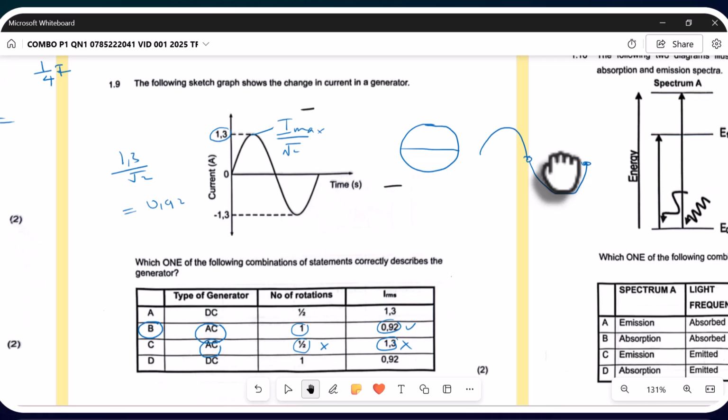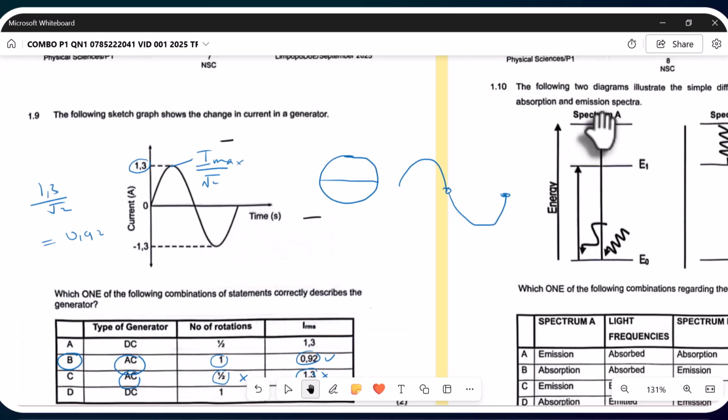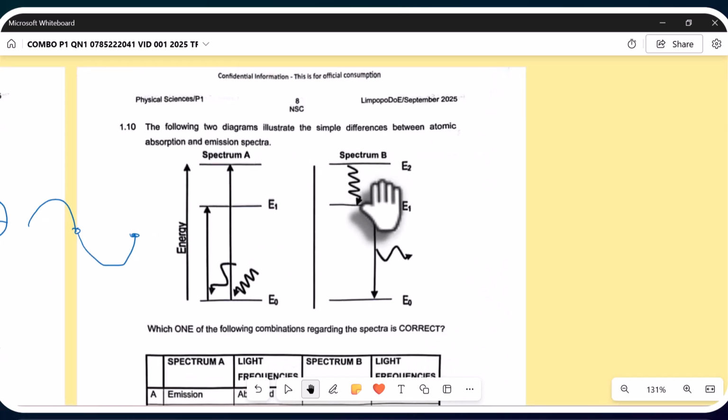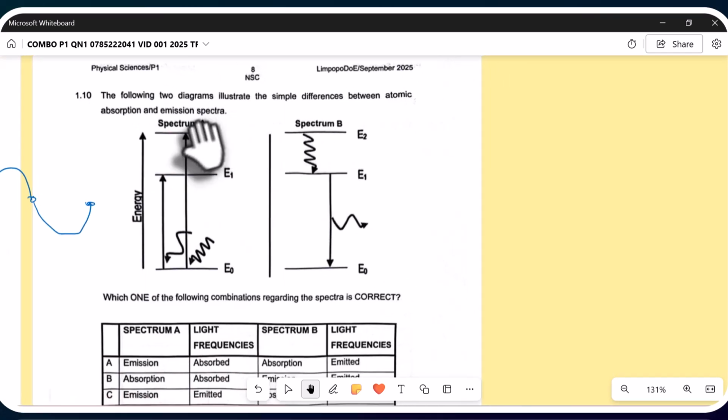Let's look at B, this other side here. Now on the side of B, because you're going from a higher energy level to a lower energy level, there we are emitting. So it's going to be emission here and emission here. And this arrow here shows that the light frequencies have been emitted.